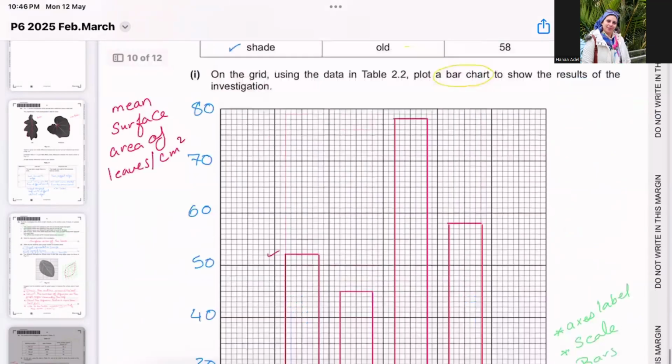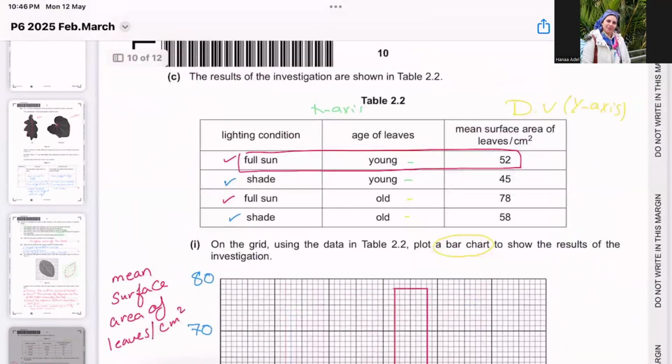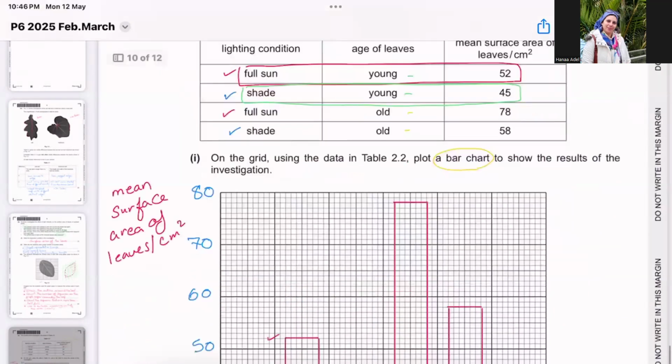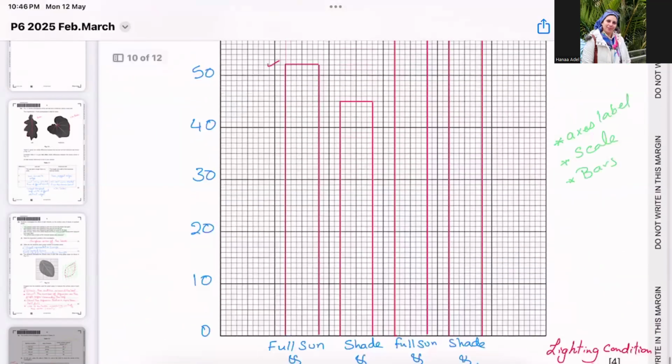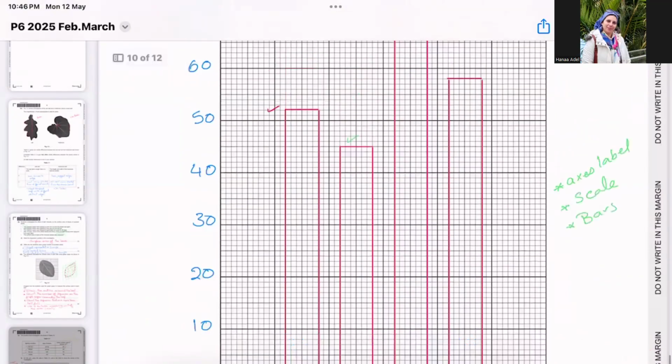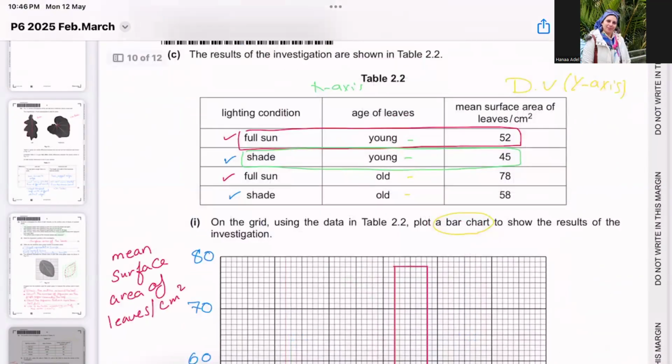And what about the next? Shade young with a 45. So we have to write on the x-axis shade and young, and we can find it 45. Next, with full sun old 78.